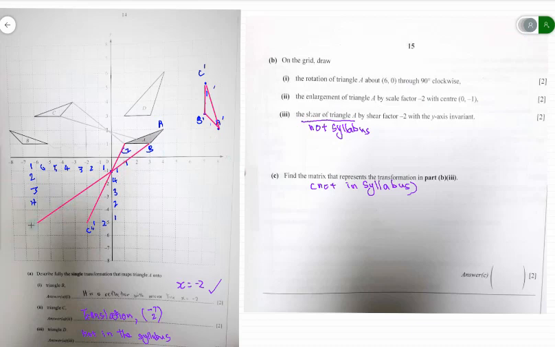Let's redraw. Okay, now let's redraw the line. 1, 2, 3. So it should be from here.